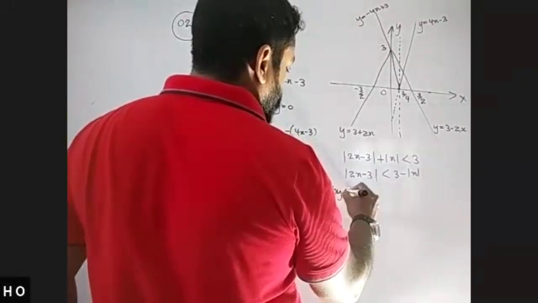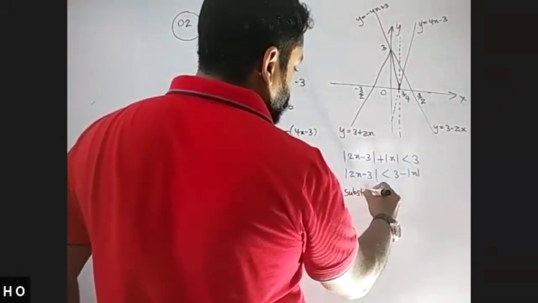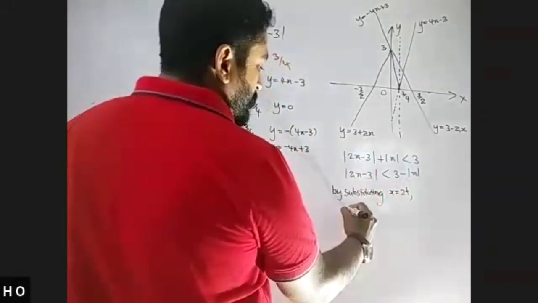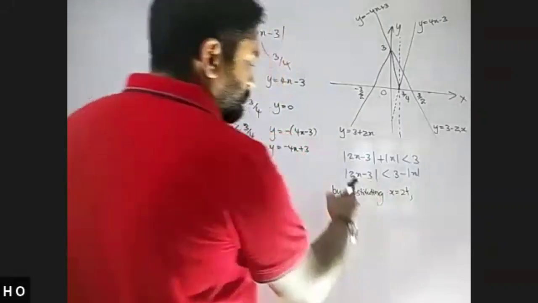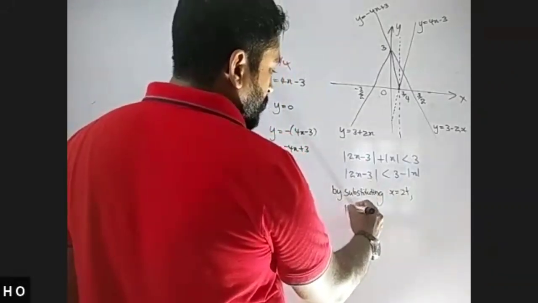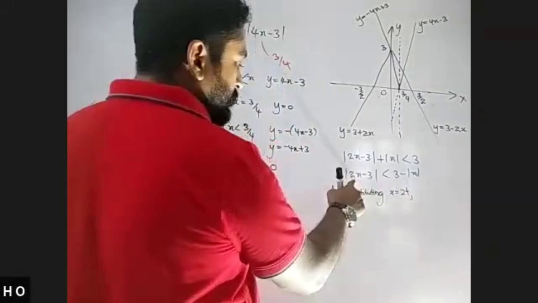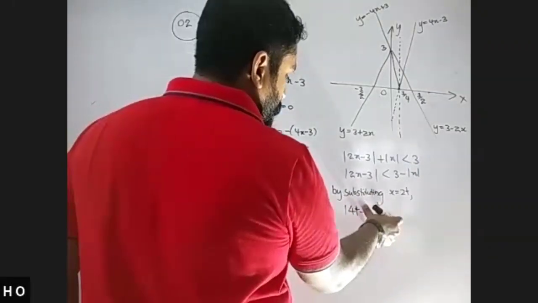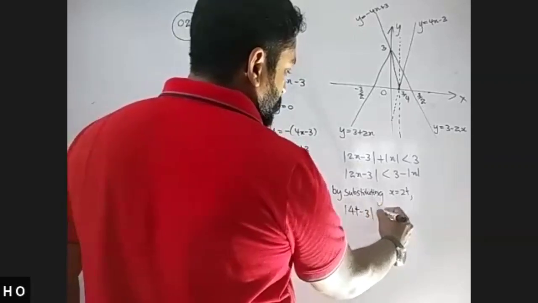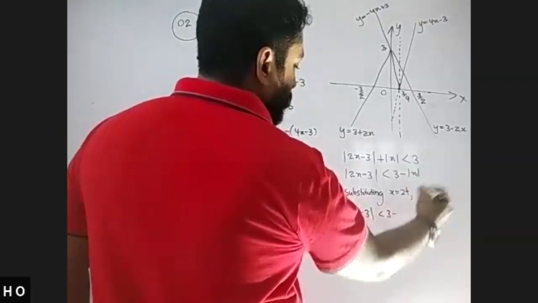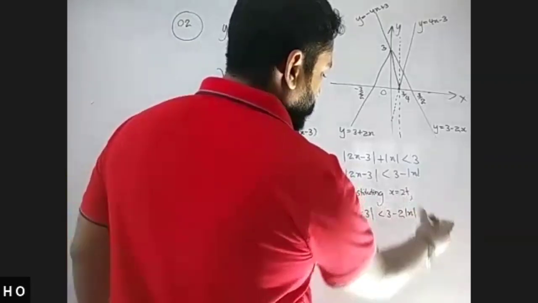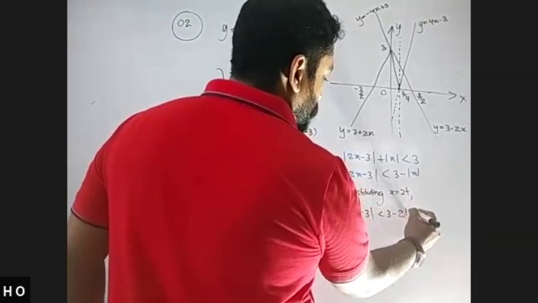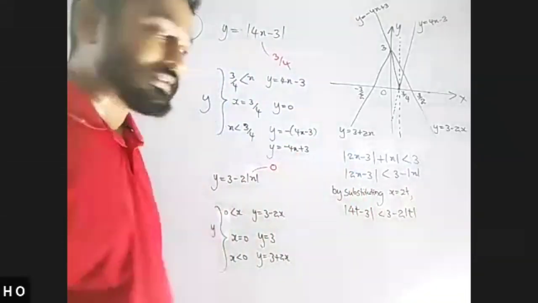By substituting 2x equals t, this is going to be the new inequality. So this is modulus 4t minus 3 less than 3 minus modulus x, and modulus x is 2 modulus t.